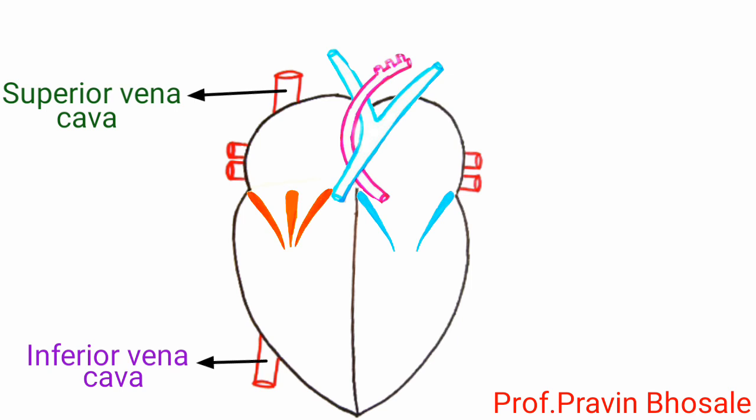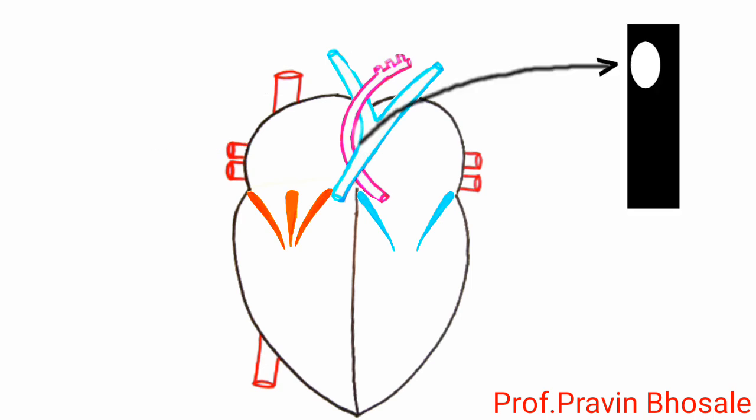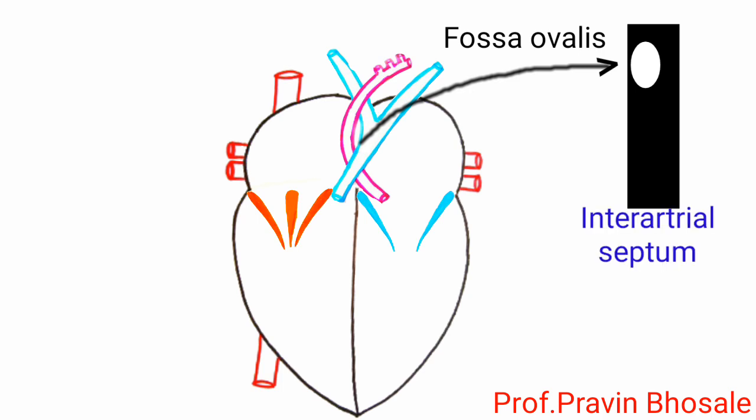The opening of the inferior vena cava is guarded by the Eustachian valve, while the opening of the coronary sinus is guarded by the Thebesian valve.